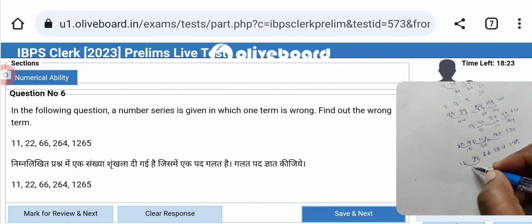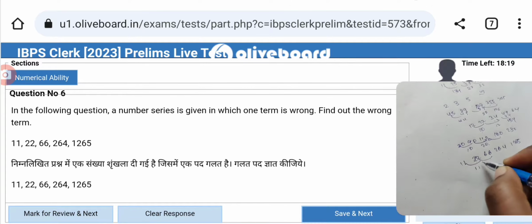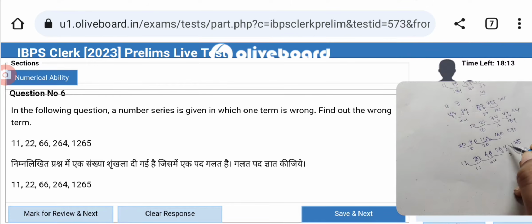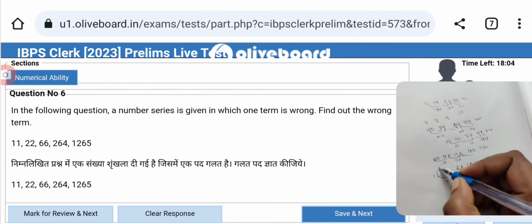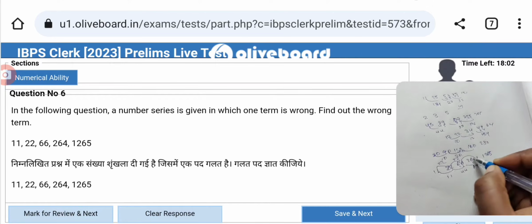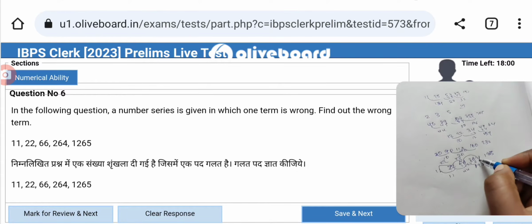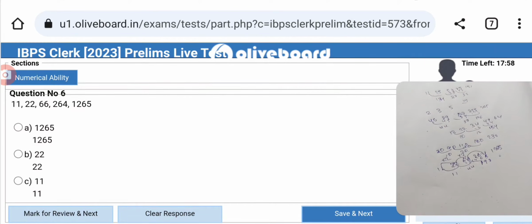So 22 means 11 and 44. So into 2, into 3, into 4, into 5, 1265.